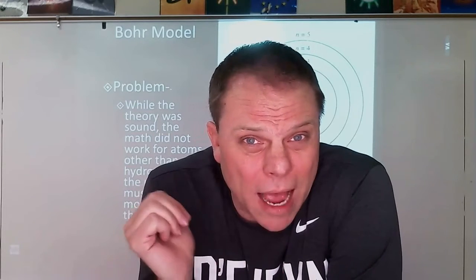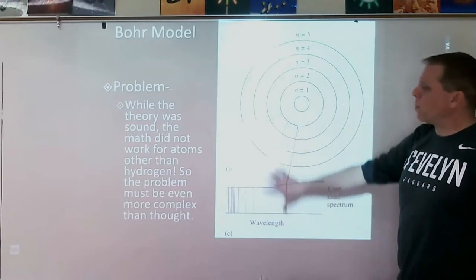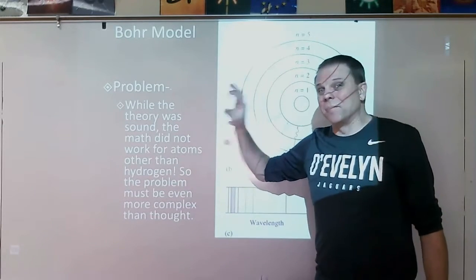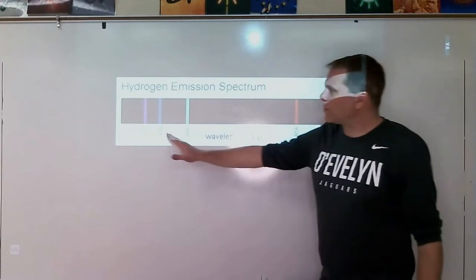And we'll learn more about the different model that comes after this. But the formulas didn't work out for everything except for hydrogen. It worked for hydrogen, but things got more complex. So, great that it worked out, but the math was a lot more complex, and then the model had to become a lot more complex. We'll learn more about it later. But let's look at a couple different spectrum.